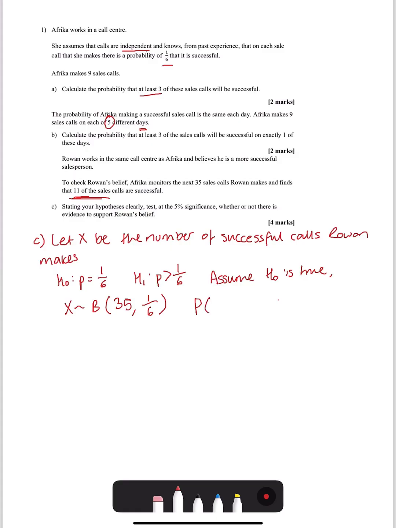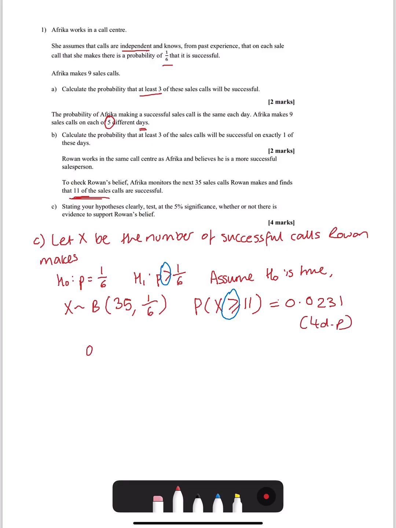So the probability of X being greater than or equal to 11. And a good little check here we can do is that this sign that we've used in our alternative hypothesis should be the same as this, but with an extra line, an or equals to line. So we'll type that in and we'll get 0.0231 to 4 decimal places.